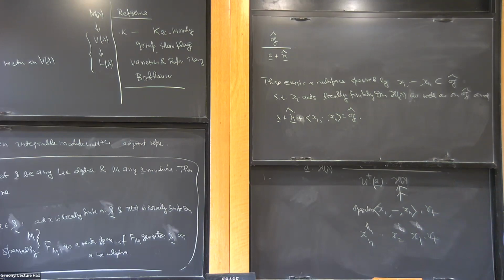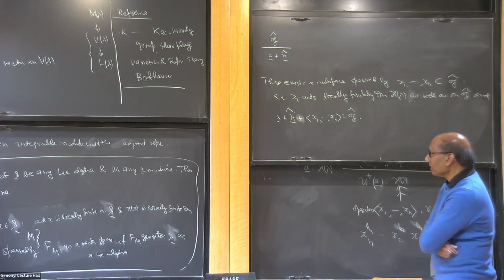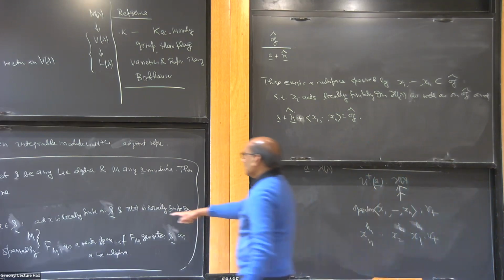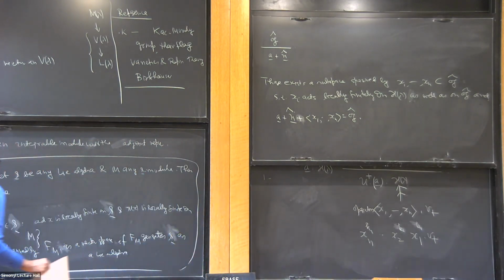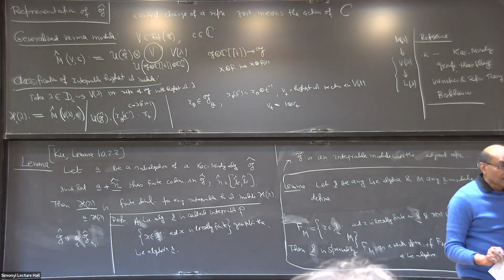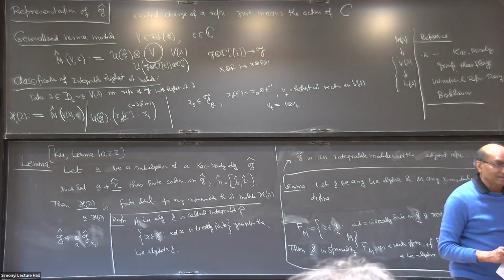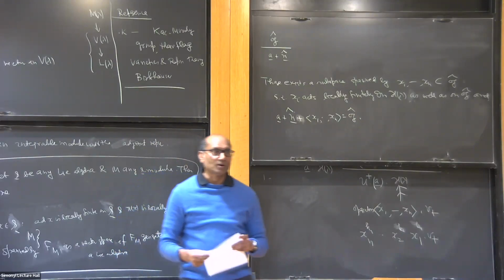Wait, did you not use the second lemma? No, I used the lemma. You mean this lemma? Yes. First of all, I used it to know that these xi's are individually locally finite, and that they span. So I used it in two places: that they span and that they are locally finite.